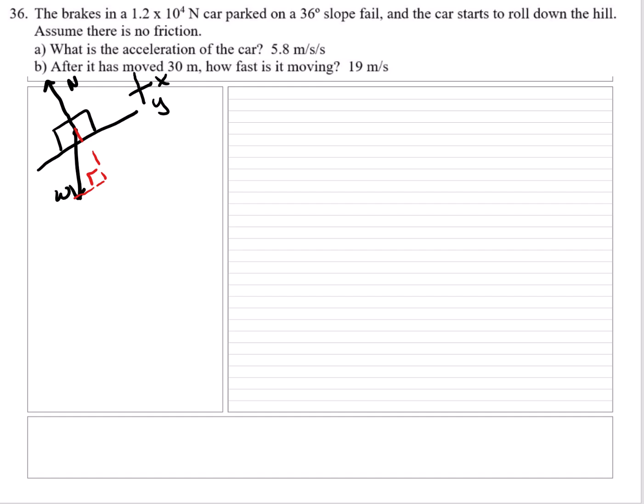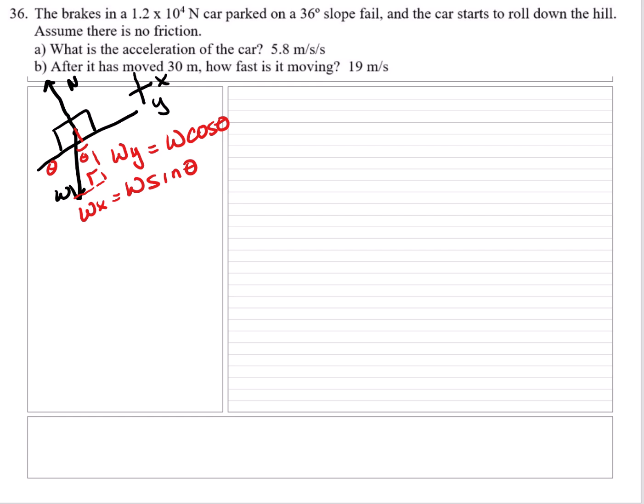Due to similar triangles, the theta of the inclined plane or the slope is the same theta that is in the right triangle of the weight. Since Wy is next to the theta, it is resolved to W cosine theta. Wx is opposite the theta, so it's W sine theta.